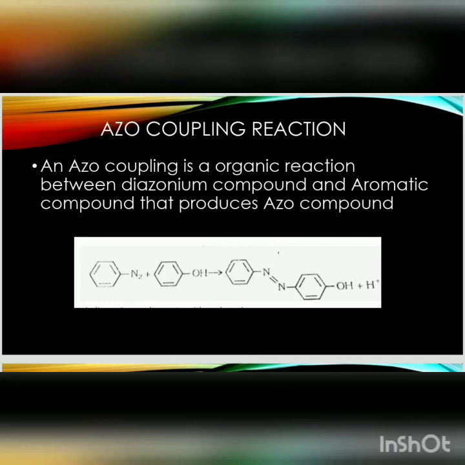It is known as the azo coupling reaction. Azo coupling reaction is nothing but an organic reaction between a diazonium compound and an aromatic compound that produces an azo compound. Azo means N double bond N.